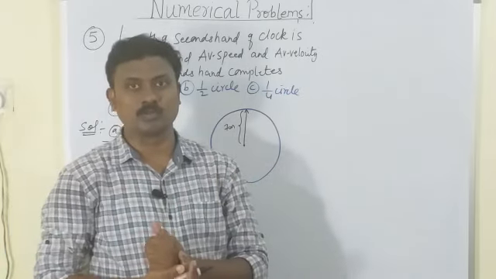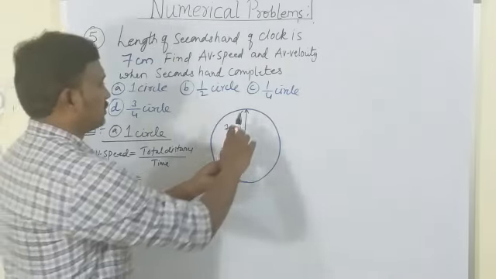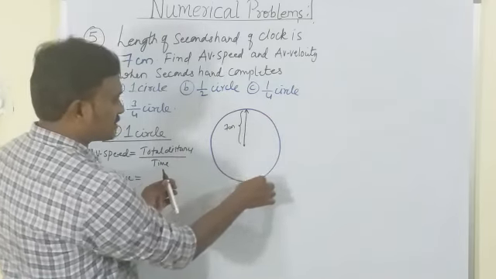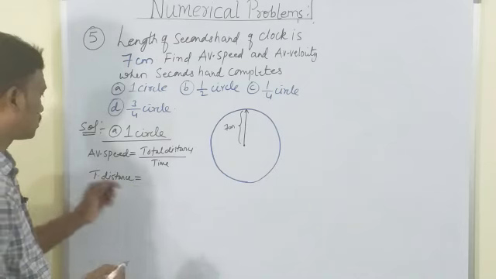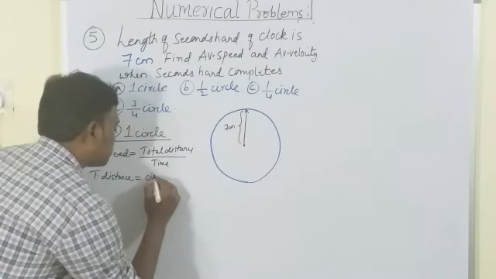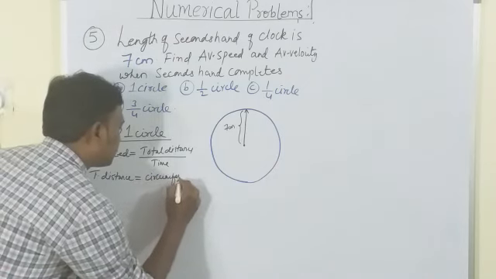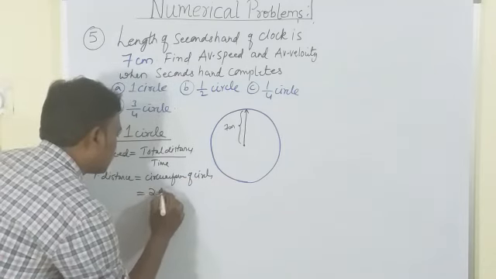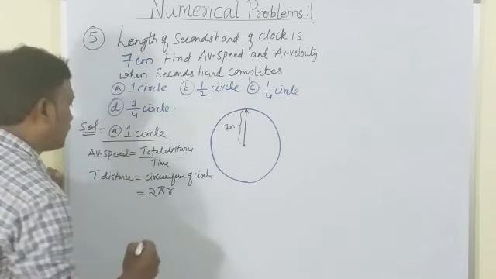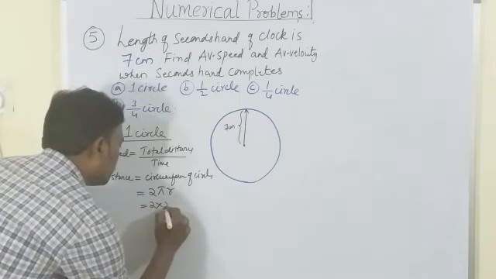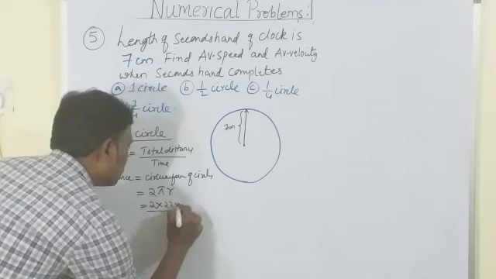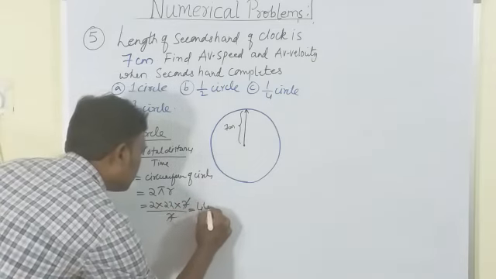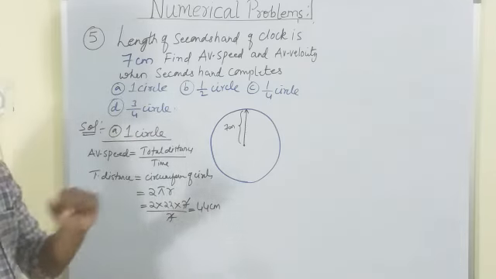When the body is moving like this, the total distance will be the circumference of the circle. So total distance is the circumference, 2 pi r. That is 2 into 22 by 7 into radius 7, so you are getting 44 centimeters. That is the total distance.